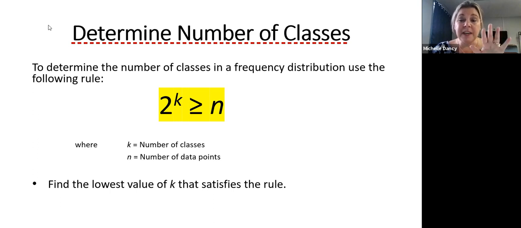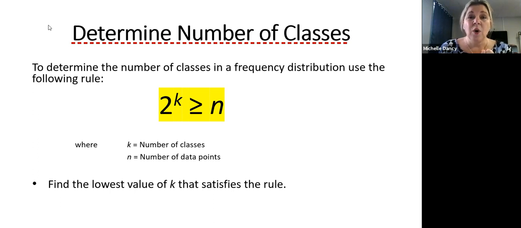So 2 to the 5th power is 32. 32 was the closest one to 20 that was greater than 20. 16 was closer, but it was less than. So we want the closest one that is greater than or equal to n, in this example, 20. So I would say that my number of classes would be 5 in that example.